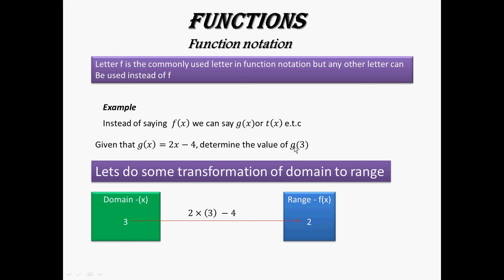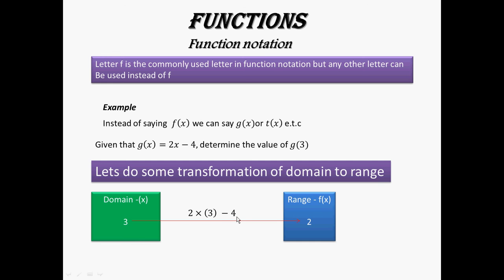Here our input value is 3. So g of 3 is equal to 2 times 3 minus 4. We are now applying that rule of saying we substitute our input value for x to give us the output value. So g of 3 is 2 times 3 minus 4.